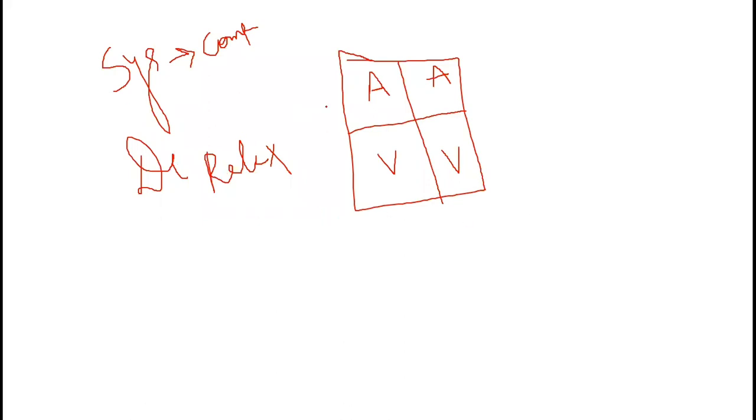Now these chambers contract and relax alternately. Okay, when the atria contract, this is when the atrial wall contracts, these valves open. This is the tricuspid valve and this is the bicuspid valve.